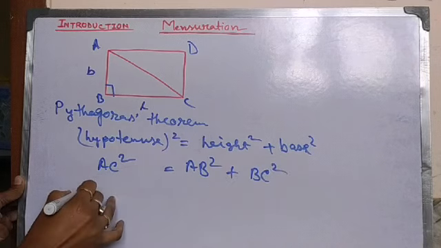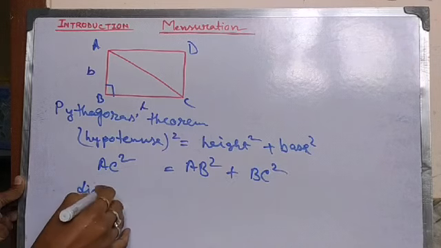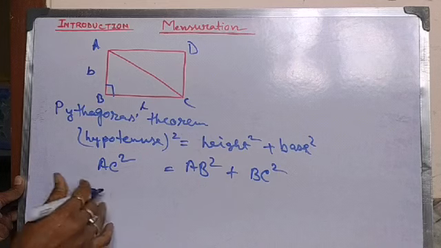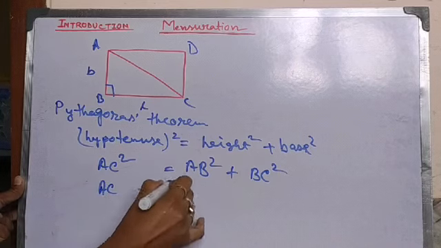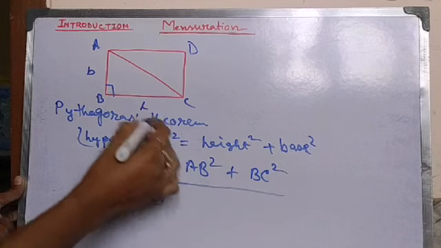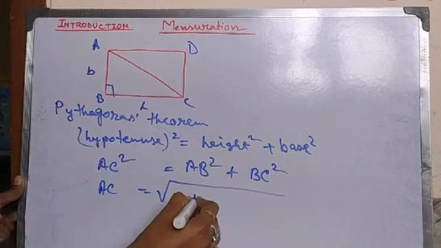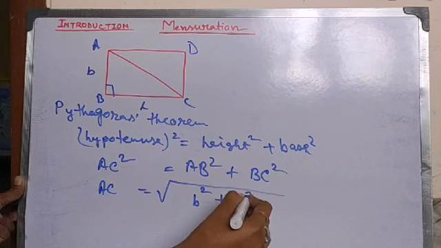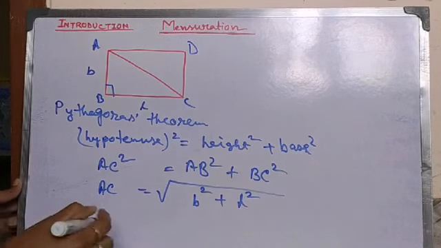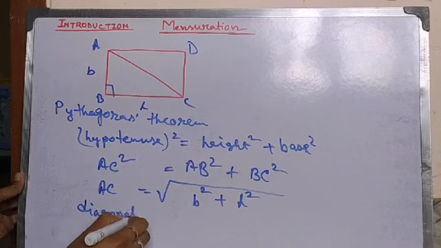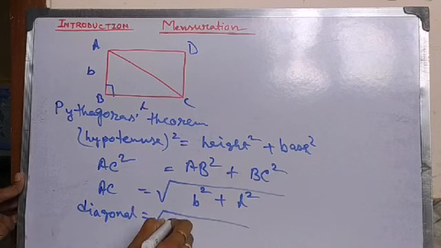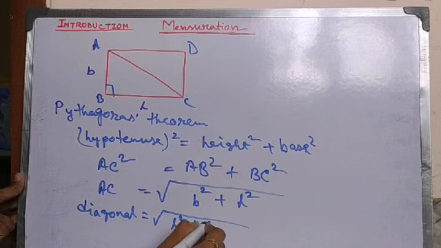Here AC means the diagonal. Now AC equals root of AB square plus BC square, that is B square plus L square. So diagonal equals root of L square plus B square.